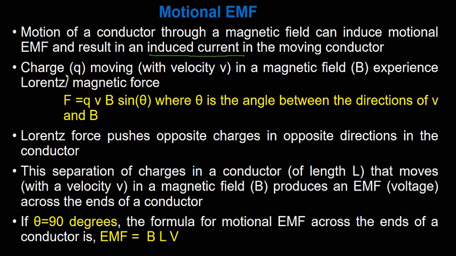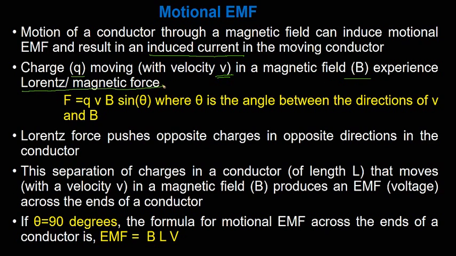So let's say that a charge Q is moving with some velocity v in an external magnetic field produced by some sort of a magnet, and such a charge will experience Lorentz force.